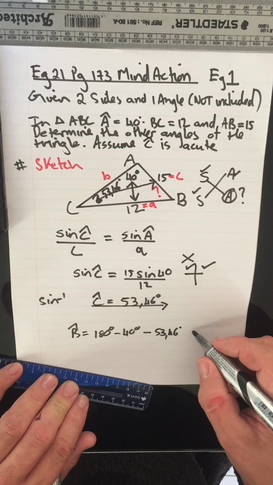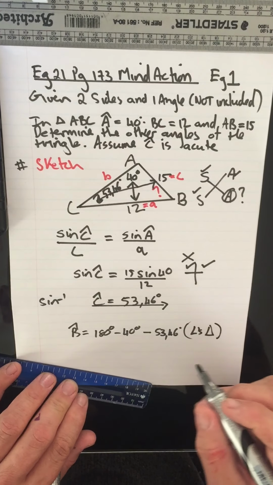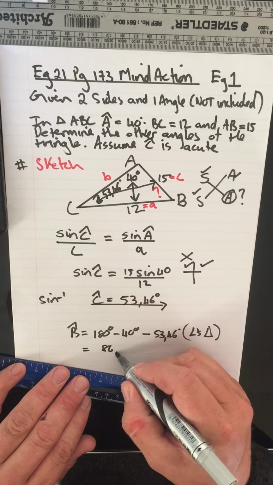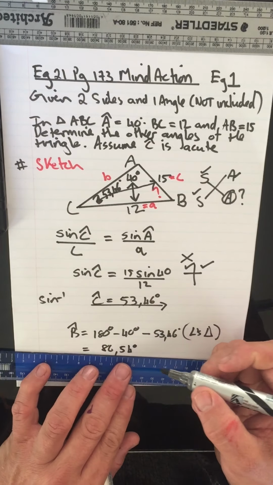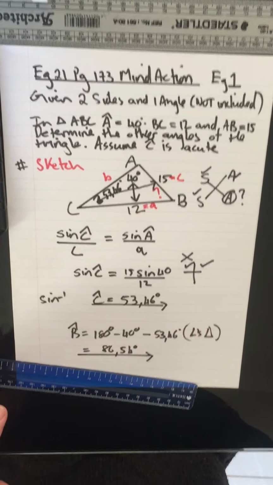And let's give a reason, since it's geometry, angles in a triangle. And we punch it in the calculator, and that gives us 86.54 degrees. And there we have answered the question.